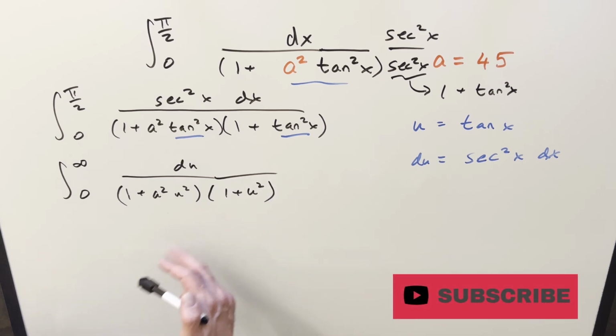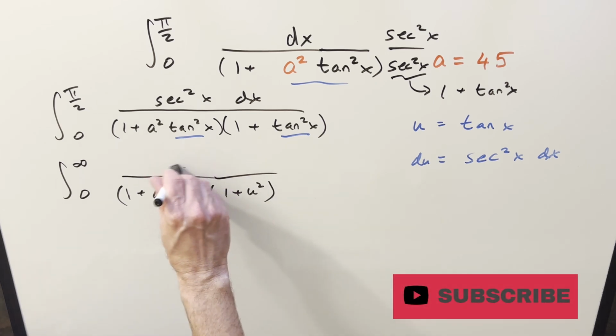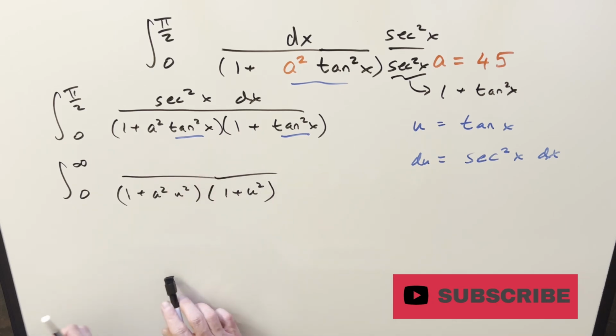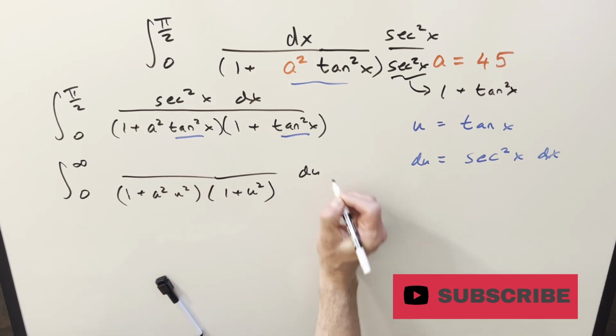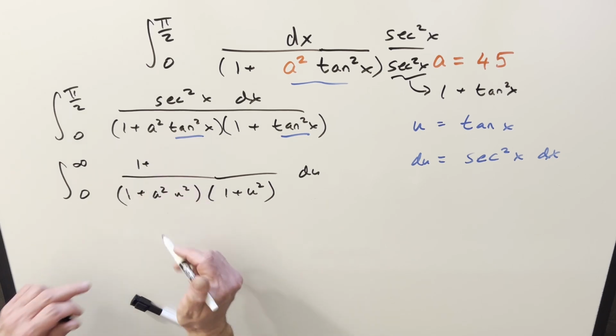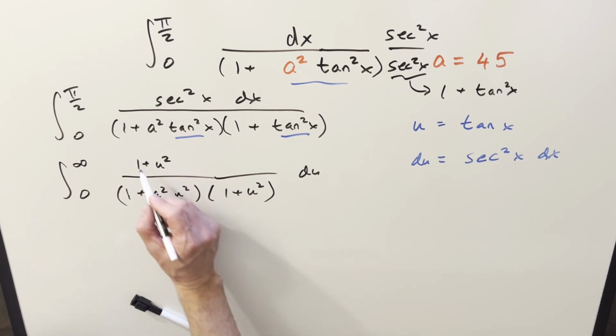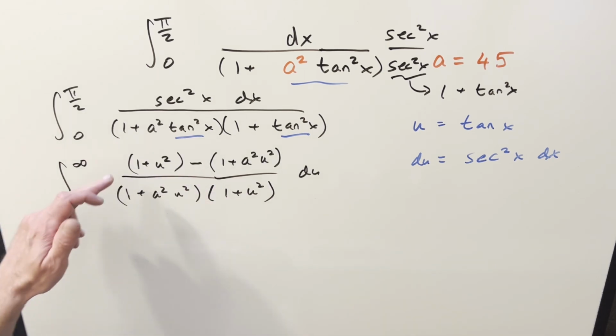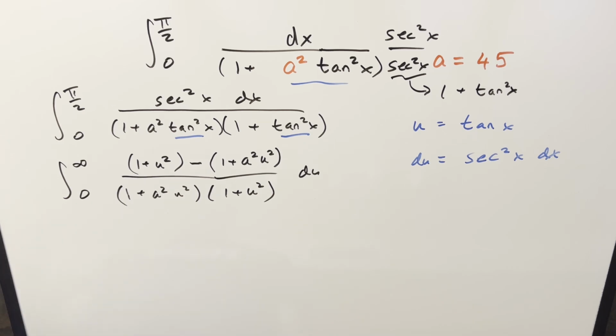Now with what we have here, it's perfectly set up for me to avoid partial fractions. You could do it out, but I'm going to avoid it. I'm just going to set up the cancellation I want. If I break this into two integrals, we get all the cancellation we want, but it doesn't quite work right now.